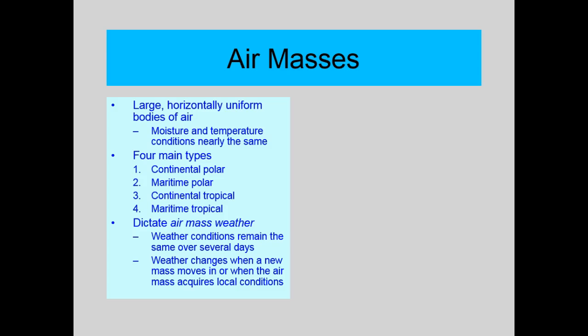It was just unusual. So that may have been a continental polar that came down and cooled things off some. It wasn't that cold, but that's when the weather changes, when some new air mass moves in, or when that current air mass either warms or cools to meet the local conditions. And then you'll have a little bit of change.